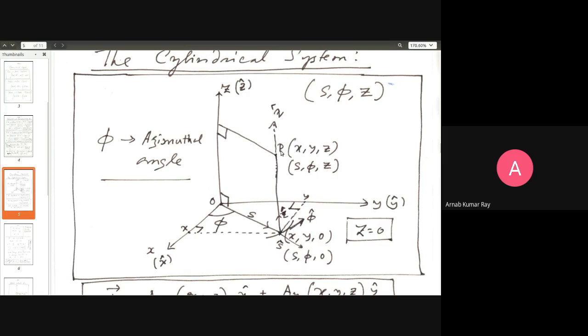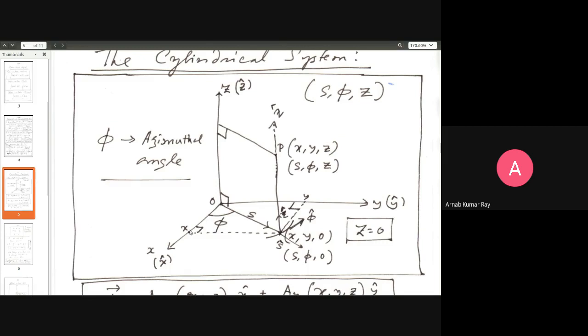Now you plant your ladder here and you go up to the point P, which, as I said, could be a ceiling fan suspended from the ceiling, where you have to do your electrical work. So x, y, z. To come to P from the origin of coordinates O, you have had to take three paths.